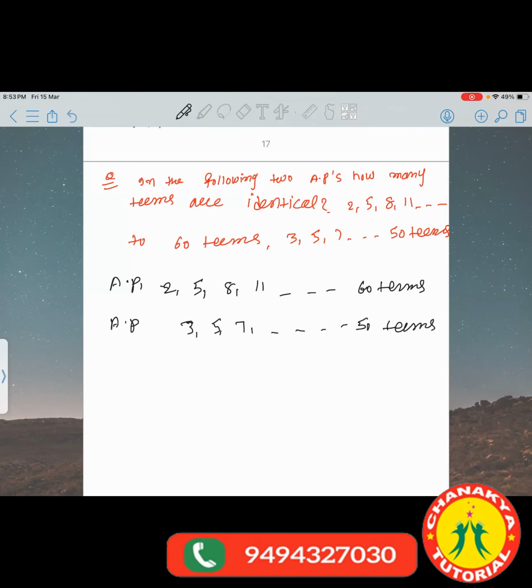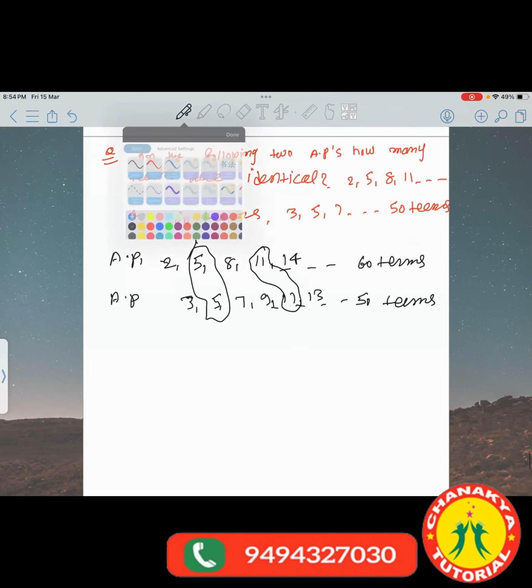So some terms are common, right? You can see here the difference is 3, and here the difference is 2: 9, 11, 13. So you can see 11 is common, 5 is common, right? So I am asking how many terms are common, like 5, 11, how many terms are common?